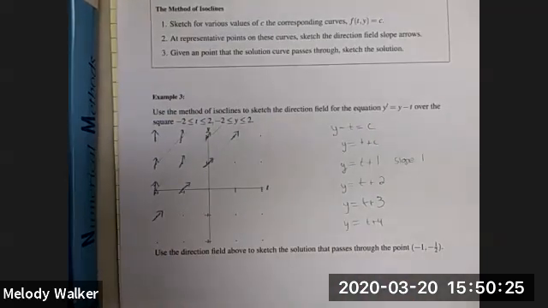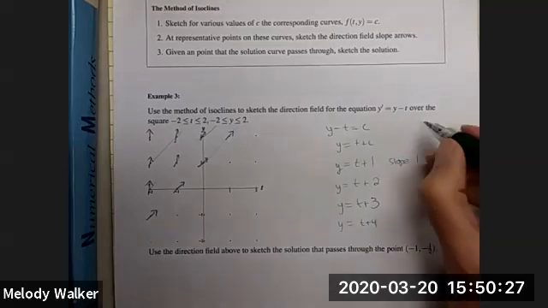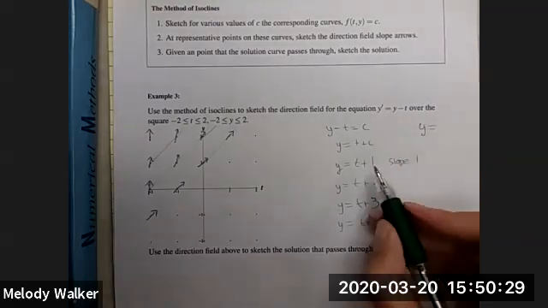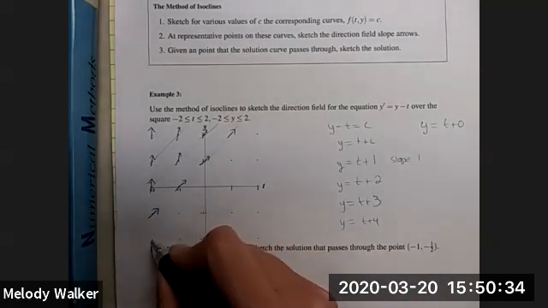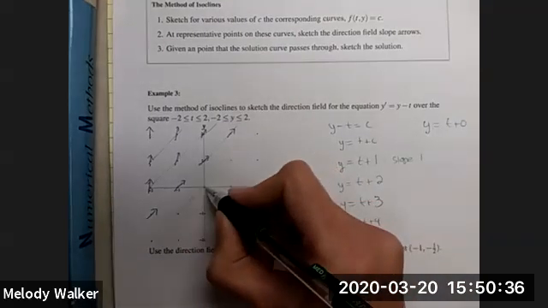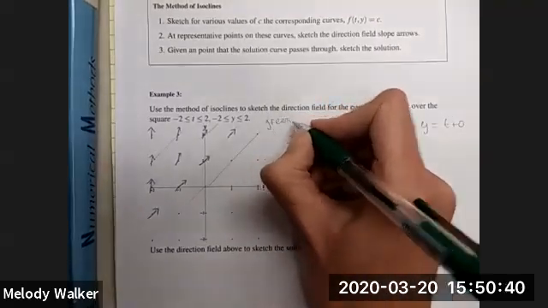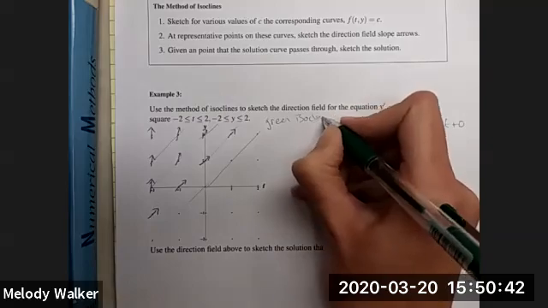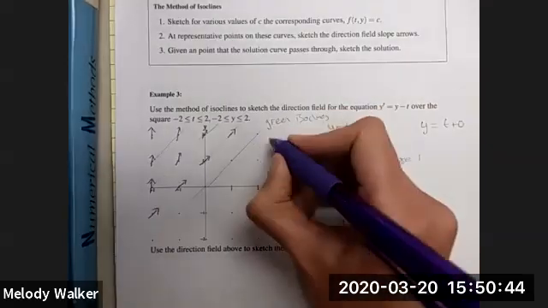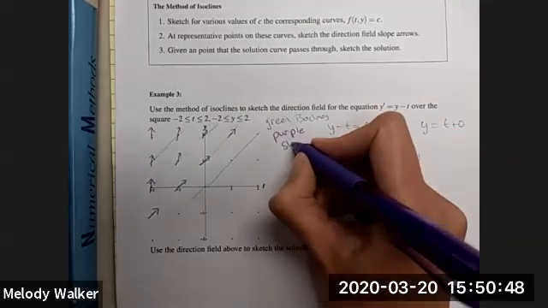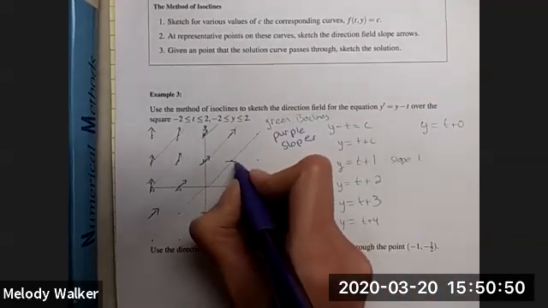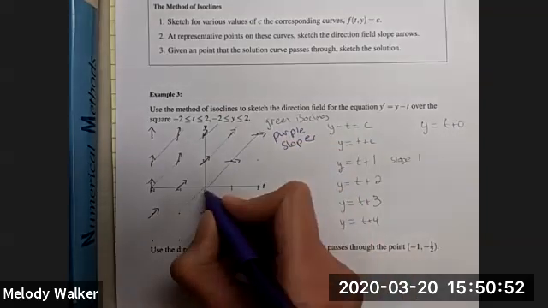Okay, but now we want to go less. I started at 1, so let's do a slope of 0. And the slope of 0 would be on this line. So the green is my isoclines, and the purple are my slopes. These are slopes of 0, and 0 looks flat, right?